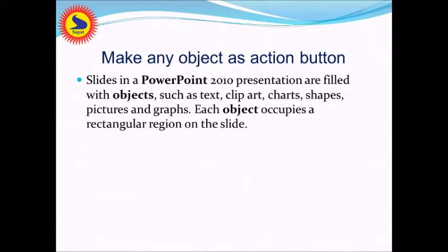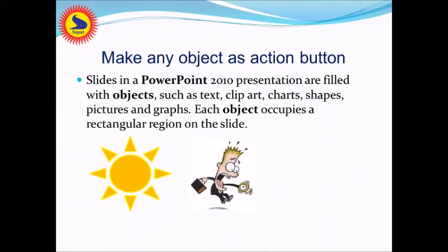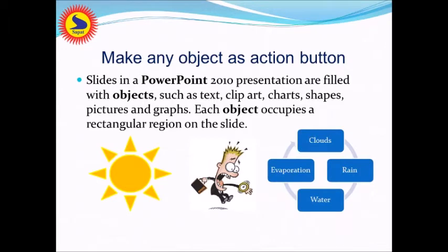Each object occupies a rectangular region on the slide. For example, this shape is an object, or a clip art object. Again, this is an object, or we have a smart art object right here. So now you already know what is an object in our presentations.